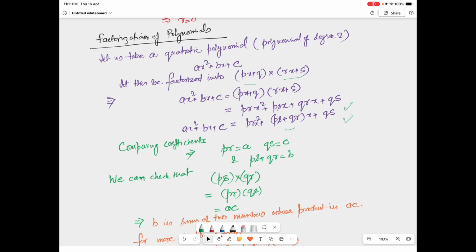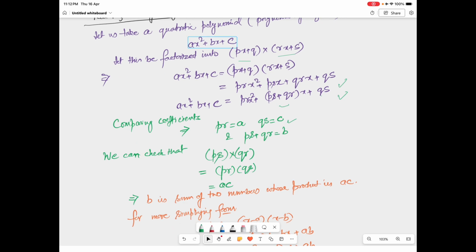If I am comparing the coefficients, pr will become a and qs will become c. These two are evident, and ps plus qr will become b. Now if you multiply ps into qr, which are these two numbers, I will get pr into qs. I have just rearranged, s brought to this side and r to this side. So pr into qs, which is ac.